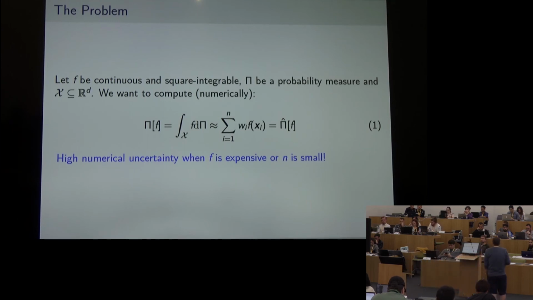And the standard numerical approach is to take a number of function evaluations, a certain number of points in the domain x, obtain a number of weights, often called quadrature or cubature weights, w_i, and weight the function evaluations, and then just take the sum of these.